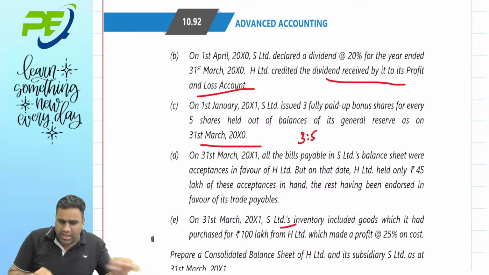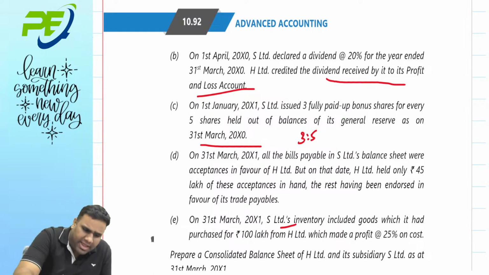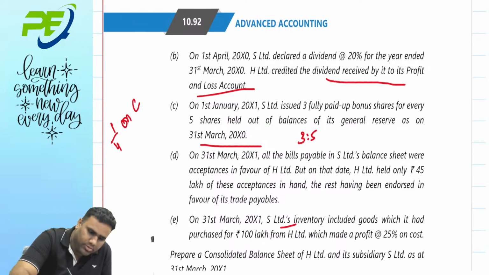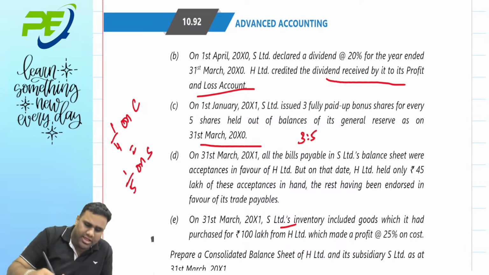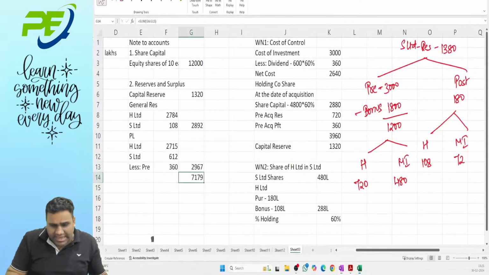So it is downstream. P&L to stock and profit is 1/4 on cost, 1/5 on sale. So 20 lakhs.